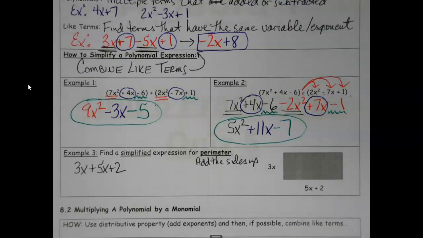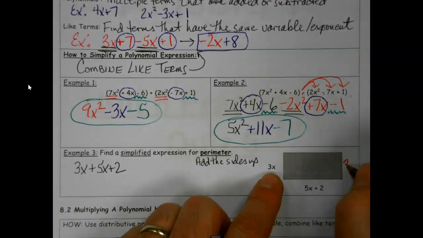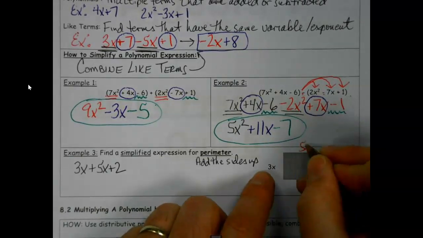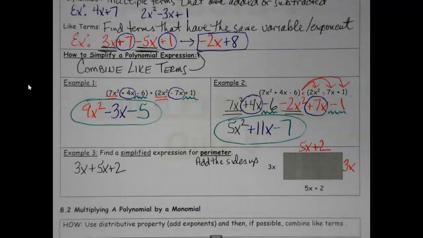What am I not thinking about? Even though there's nothing written on this side and on this side, they're still the same length. This is still a rectangle. So if need be, write those other two sides in, or if you just know that, that's cool. And it's just a big combining like terms game.